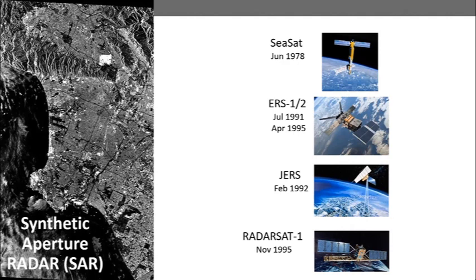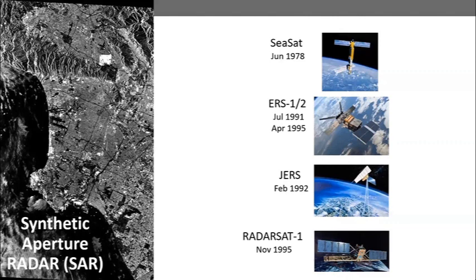I should mention in '78, Landsat was already in its 3rd generation, and it took another 13 years before the Europeans launched the first agency synthetic aperture radar satellite. So it was the early 90s when things started to really develop.